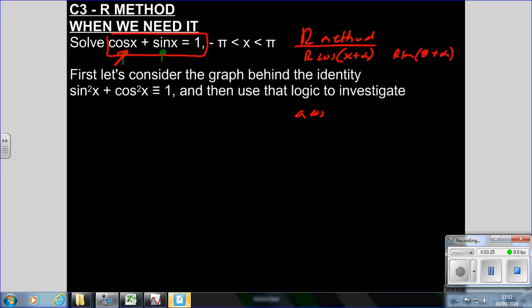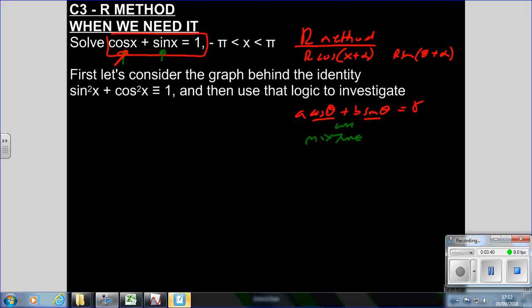Now, what I'm getting at, let's change this to θ, is when trigs are in the form of this, a mixture of cosines and sines, this is important. So when do you use the R method?